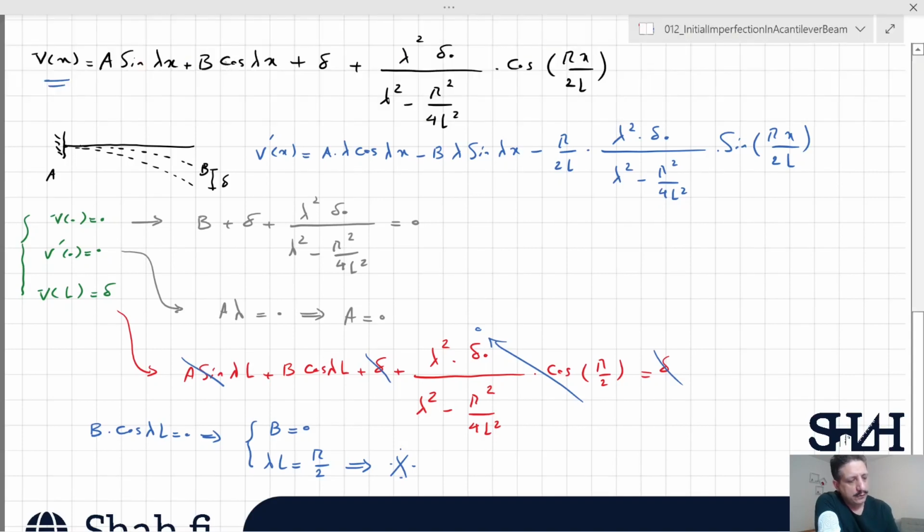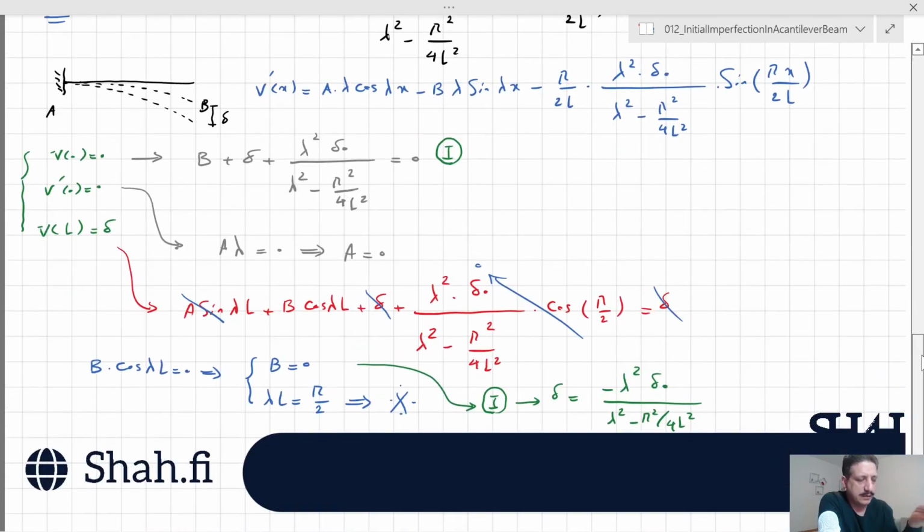If B is 0, if we come back to equation 1, then delta will be minus lambda square delta 0 divided by lambda square minus pi square divided by 4L square.